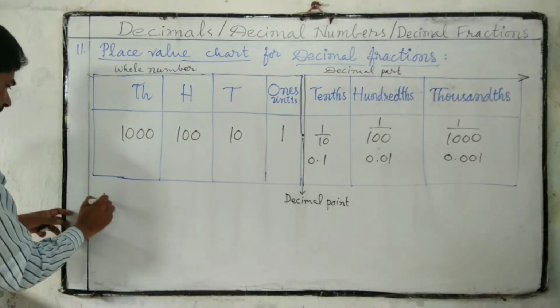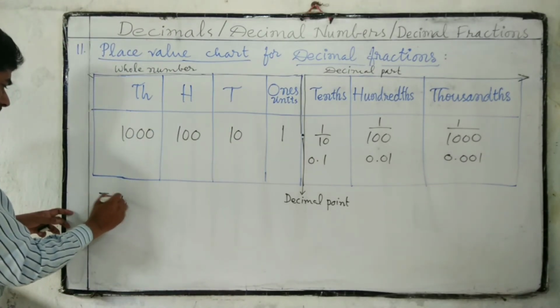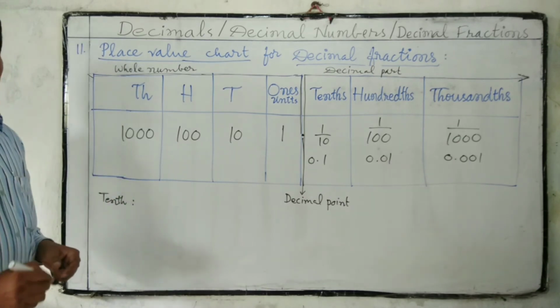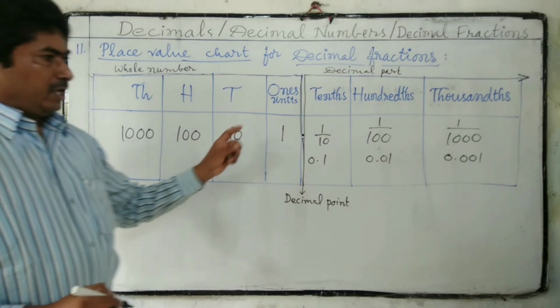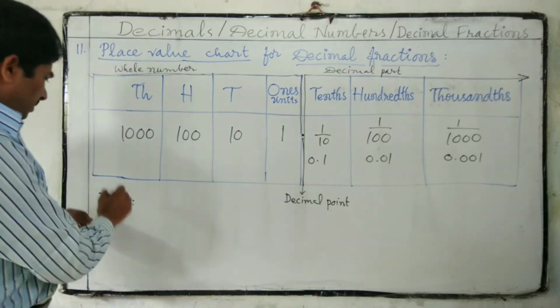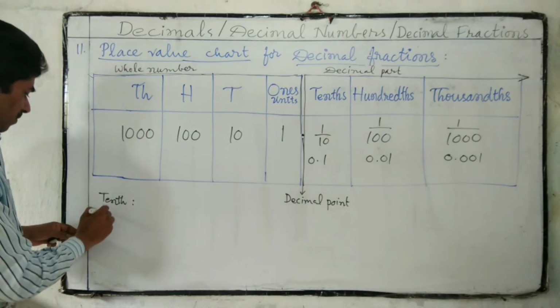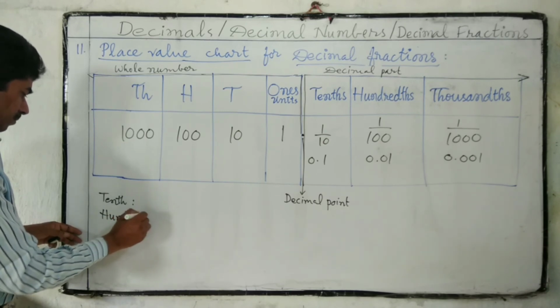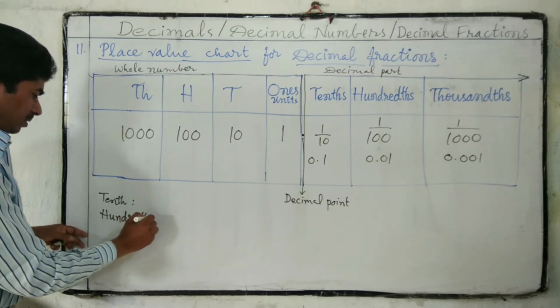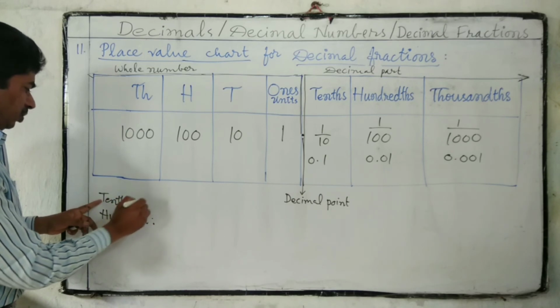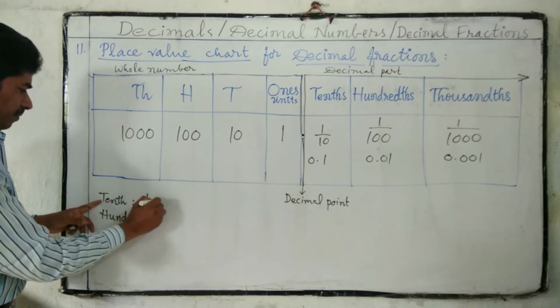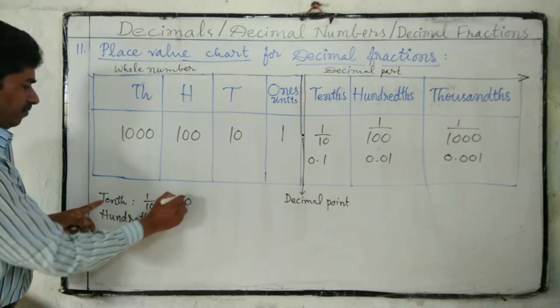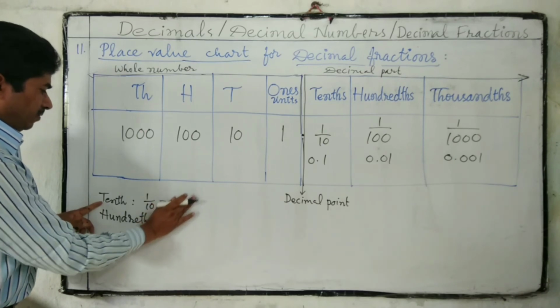What is a tenth? Tenth part of 1 is a tenth. Tenth part of 1, 1 by 10, that is 0.1.